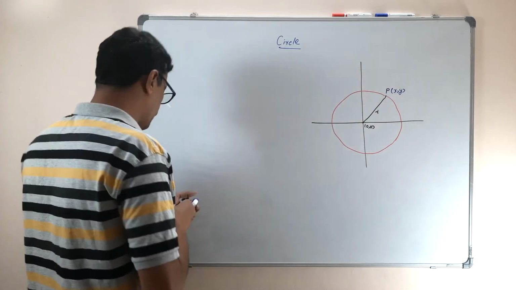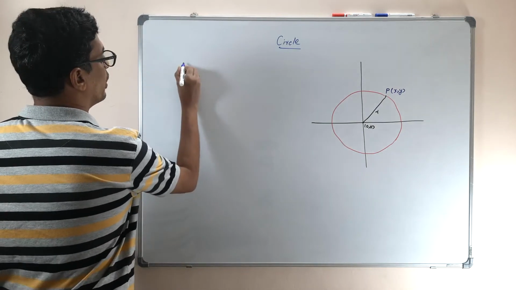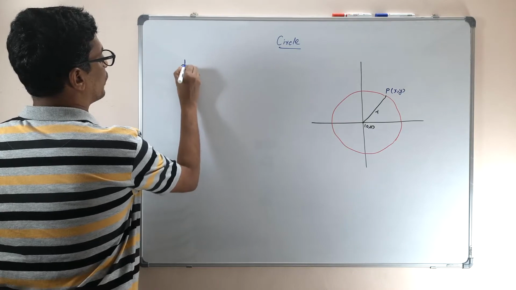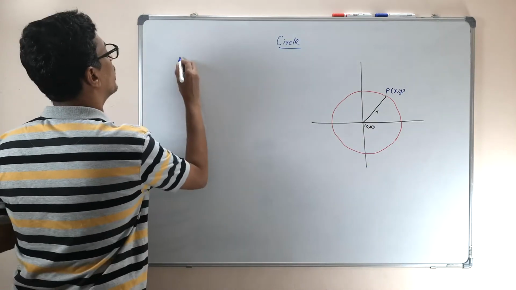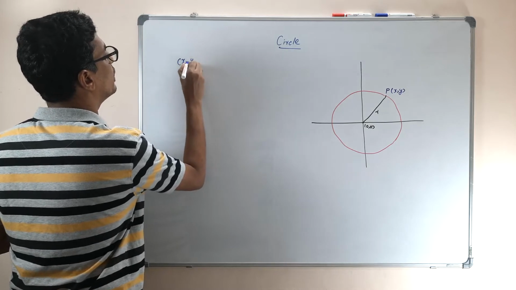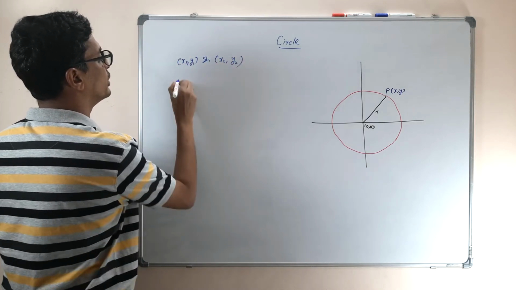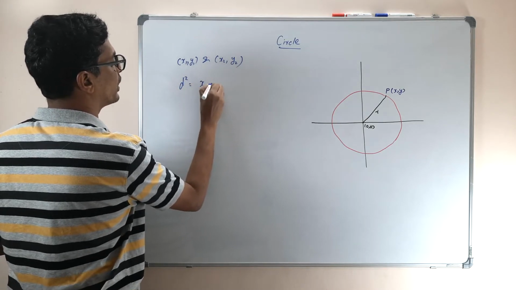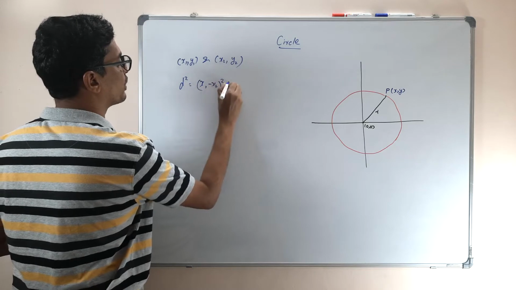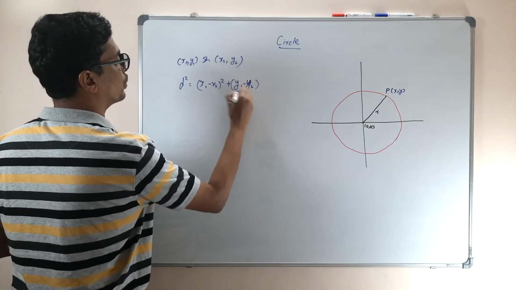We know the formula, na? What is the formula for the distance between 2 points? Say for example, the points are x1, y1 and x2, y2. D square equal to x1 minus x2 whole square plus y1 minus y2 whole square.